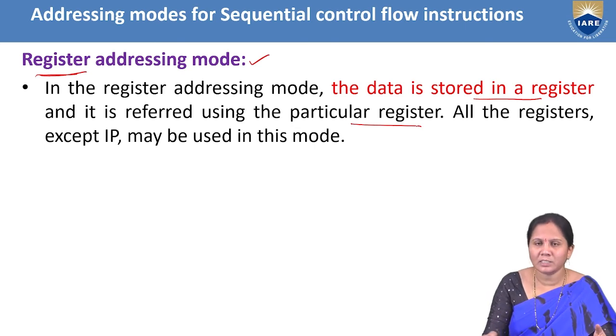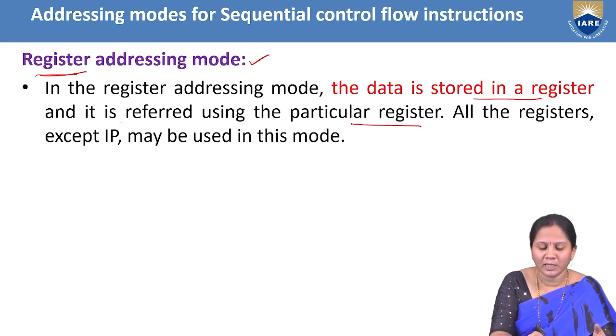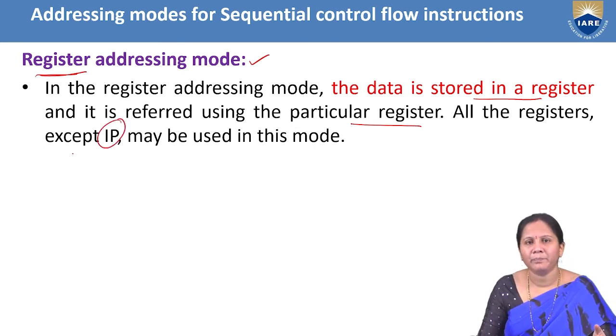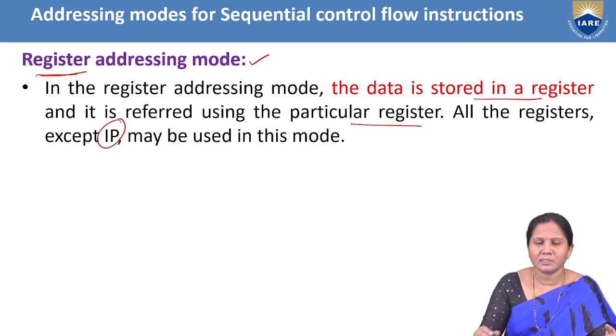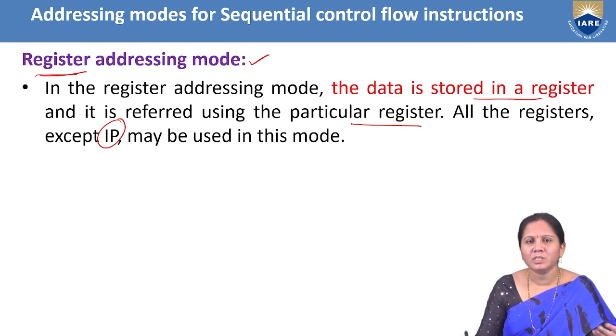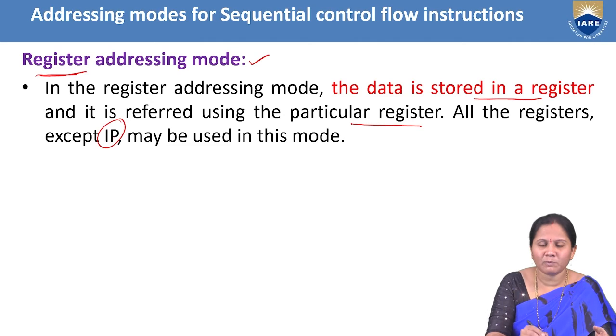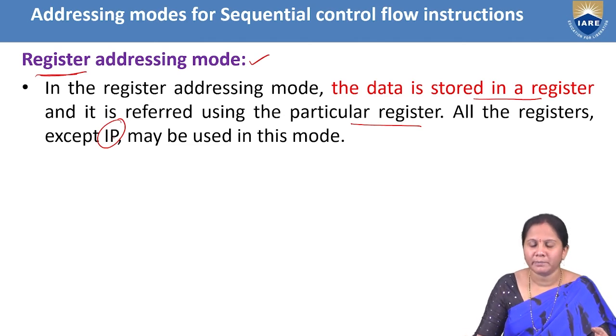We have seen that there are 16-bit registers available in the 8086 microprocessor. To represent register addressing mode, we can use any of the registers, except the instruction pointer.